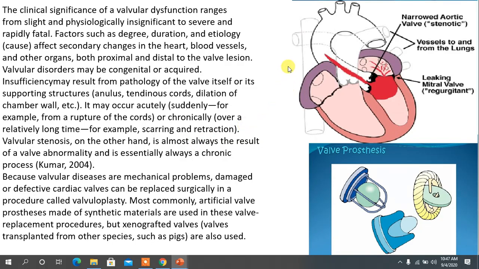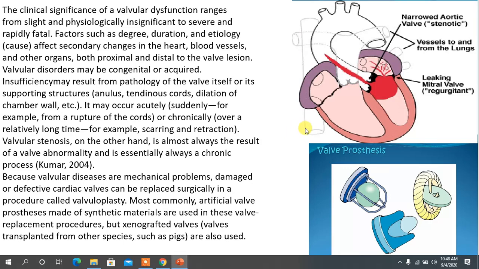So the clinical significance of valvular dysfunction ranges widely from slight and physiologically insignificant to severe and rapidly fatal effects. It depends upon the degree, duration and etiology of the damage to the heart, and also secondary changes in the heart, blood vessels and other organs.